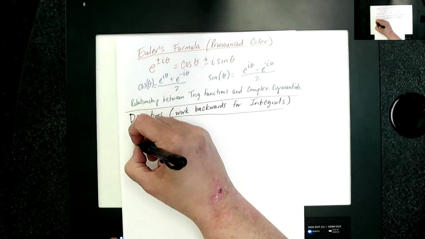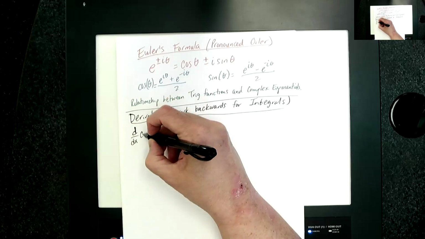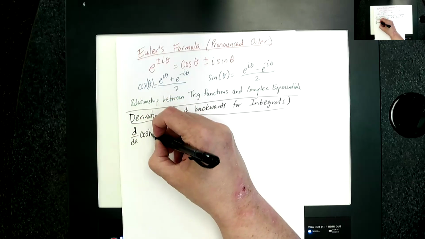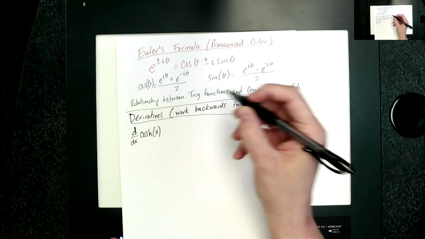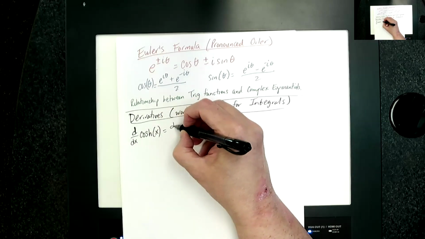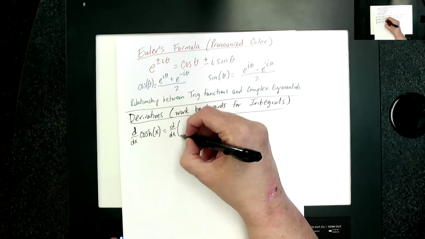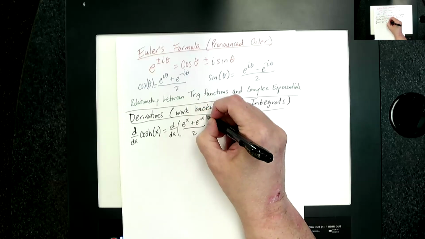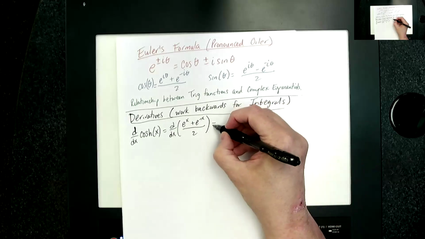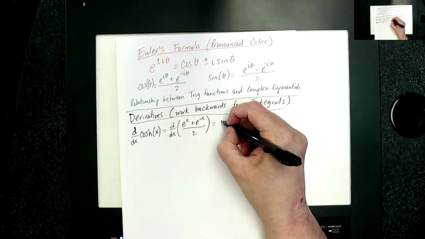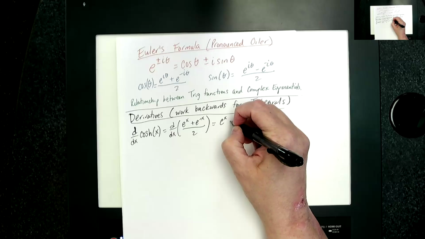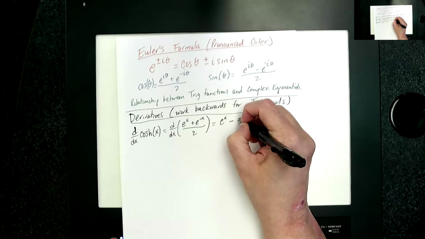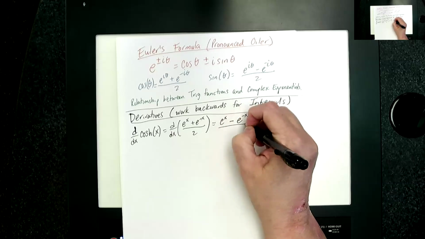Let's just look at our two base ones. We'll take the d/dx of cosh x. That's d/dx of e to the x plus e to the negative x over 2. e to the x doesn't change. e to the negative x brings the negative down, but then doesn't change.